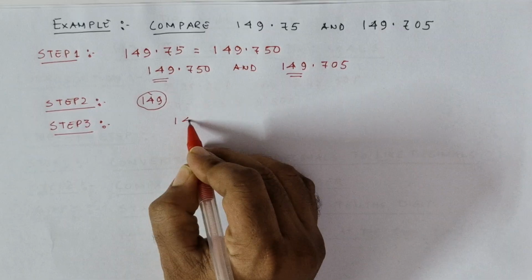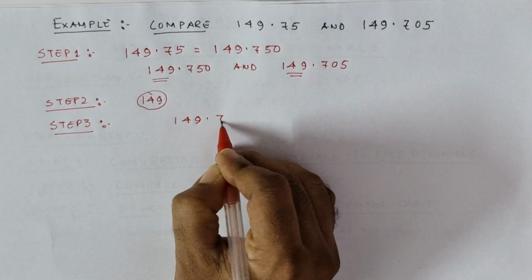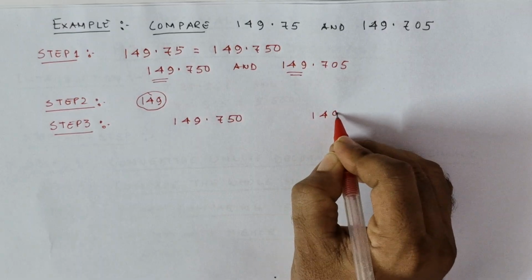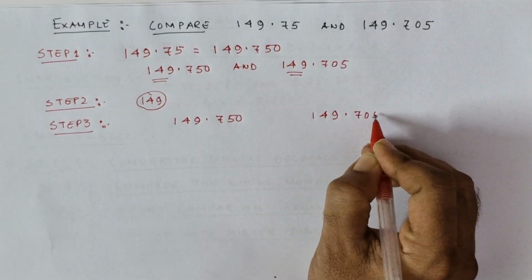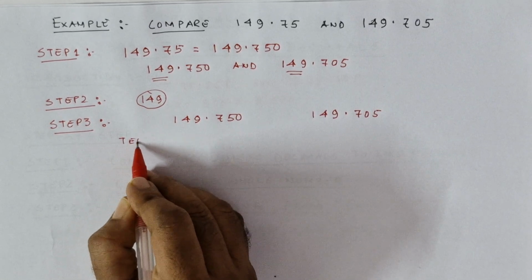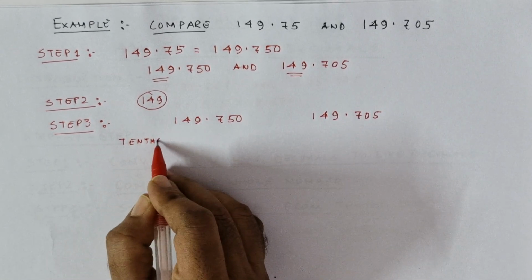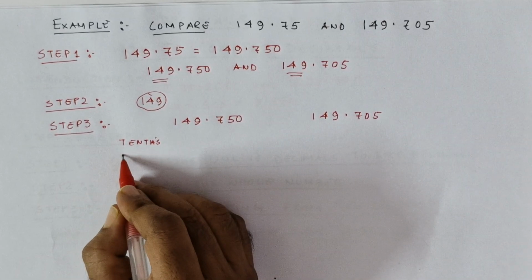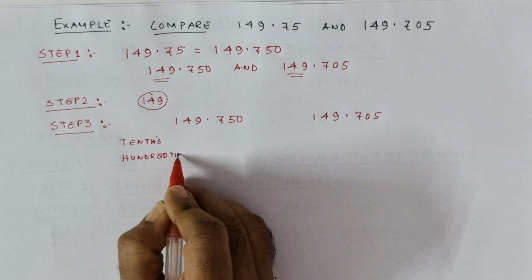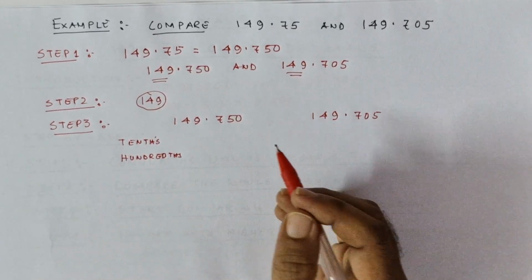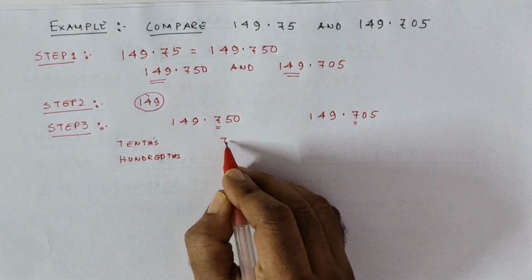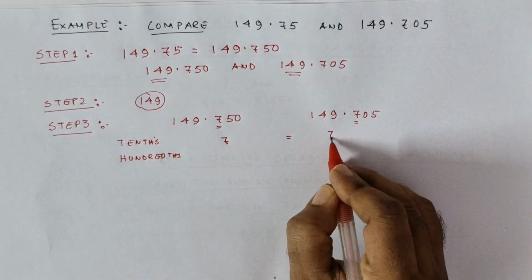Let's write both numbers with a distance apart: 149.750 and 149.705. Here is the tenths place, and here the hundredths place. The tenths digit is 7 here and 7 there, so 7 is equal to 7.